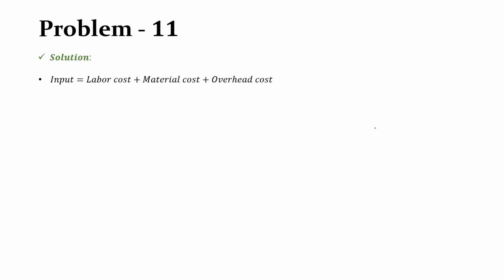First, we look at the input. Input has 3 factors. The first one is the labor cost, the second one is the material cost, and the third one is the overhead cost. So we calculate the input by adding labor cost, which is 140, material cost, which is 150, and overhead cost, which is 1.4 times the labor cost, 1.4 into 140, and the total value of the input is $486.